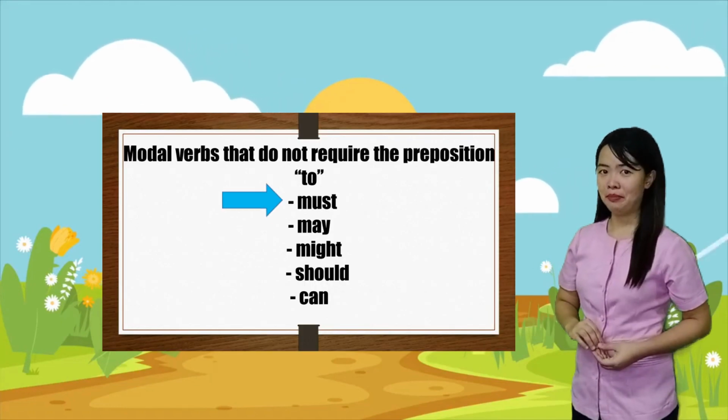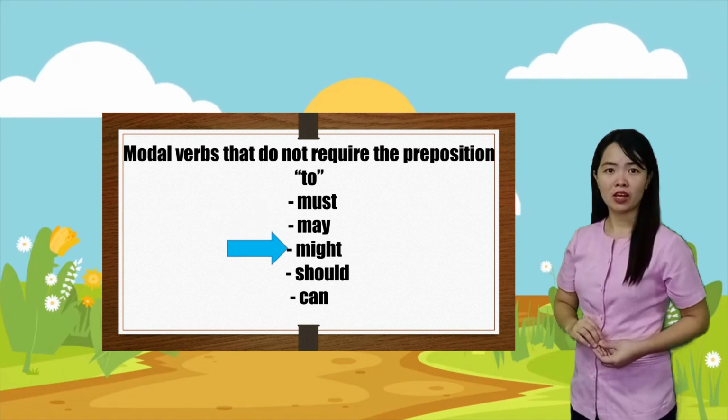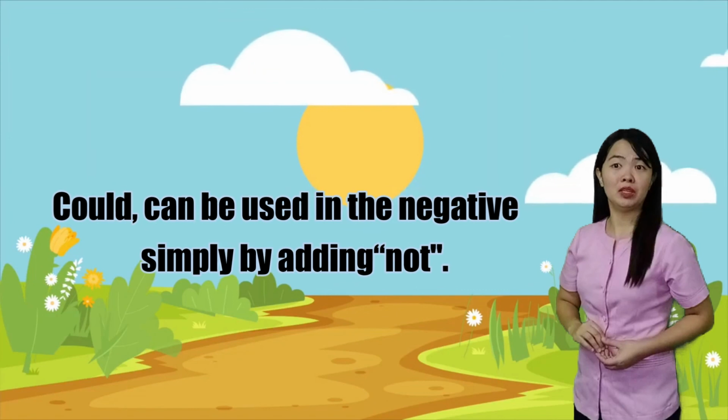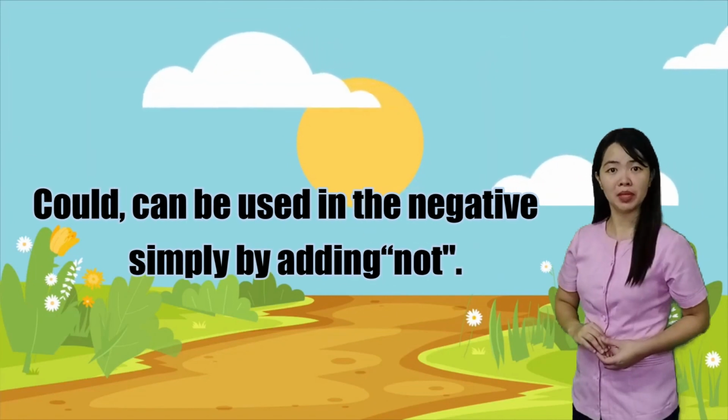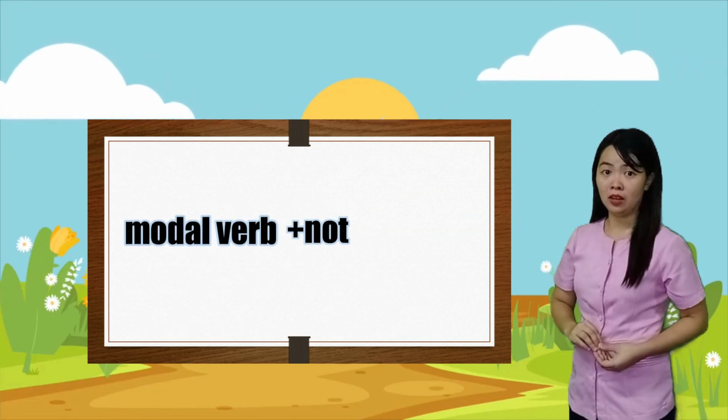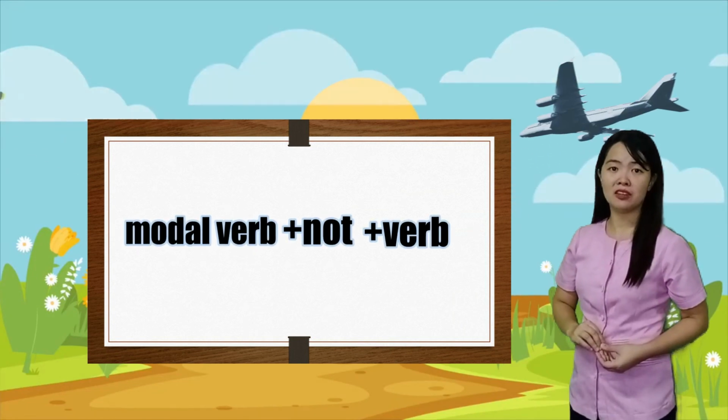Also, modal verbs that do not require the preposition to are must, may, might, should, and can. Could can be used in the negative simply by adding not. To formulate a sentence using modal verbs in the negative, we use the modal verb plus not plus the verb in the infinitive.